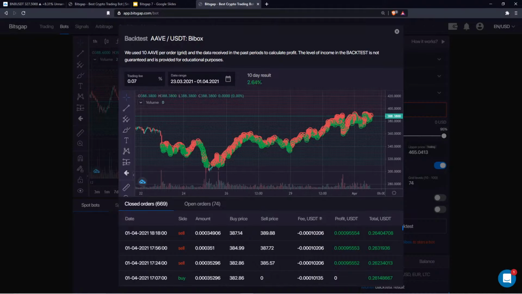So you would see not 2.64, but maybe 7% or maybe 8%. Right now, we just backtest strategies in the return generated in the quote currency. So that's the return that the bot makes. The value of Aave is not taken into account here. That's what you make in USDT relative to your investment.